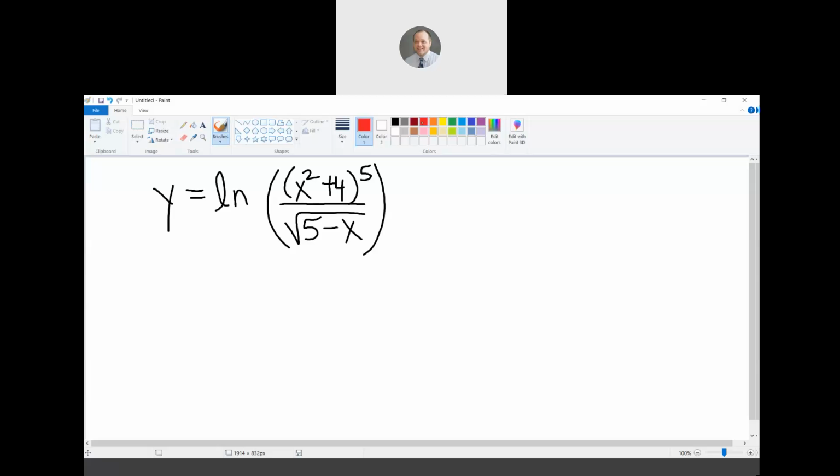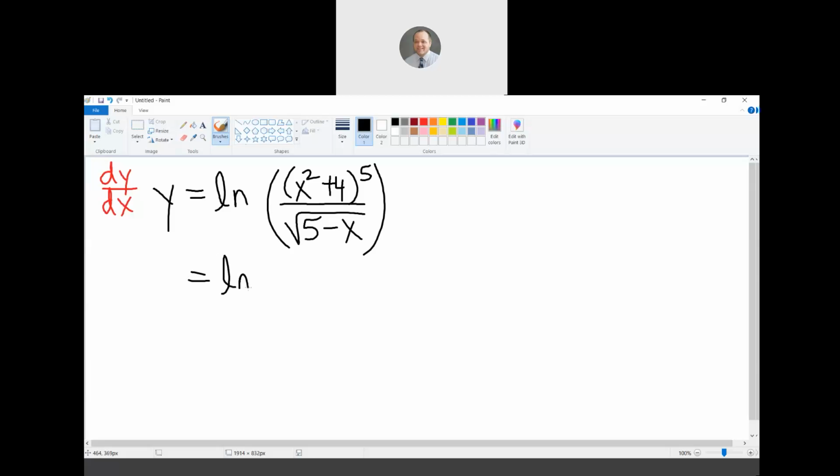In other words, we're trying to find the ratio dy over dx. Now, before we take the derivative, let's use the quotient rule and also the exponent law for natural logs. Quotient rule, if you remember, if you have a fraction, then you can split this natural log into two separate natural logs as a difference.